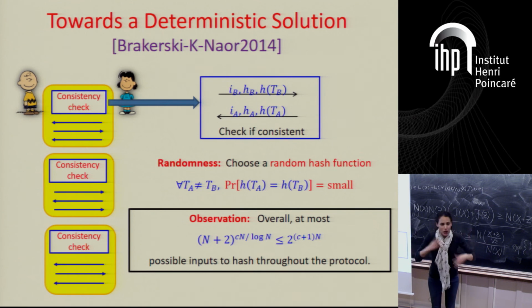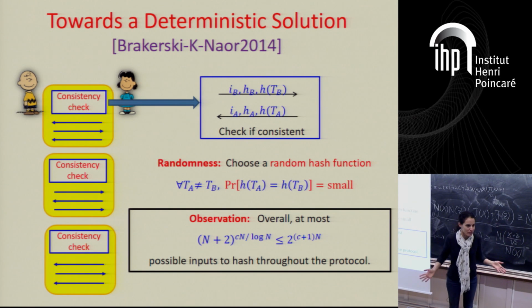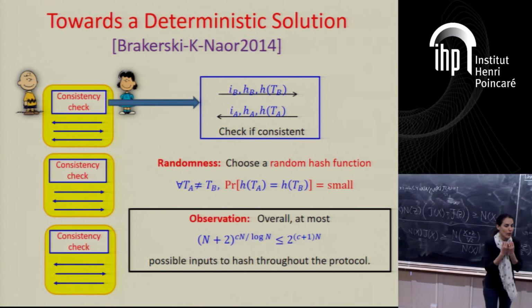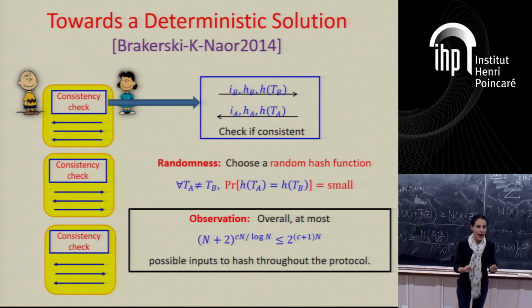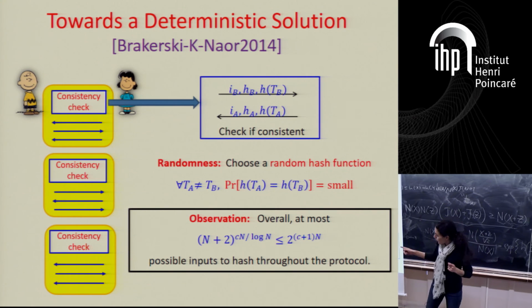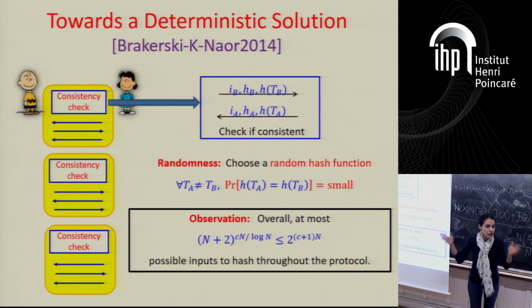I'm enumerating over all possible ways the adversary can behave. Now, what I want to say is that if I choose a random hash function, so for all the rounds I choose a bunch of hash functions, then with overwhelming probability the number of collisions is going to be small.